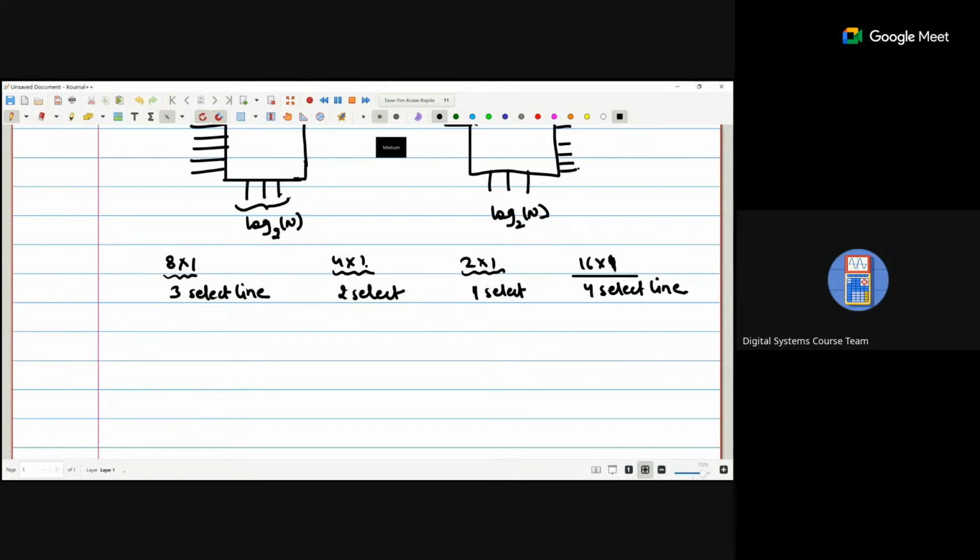Similarly, the demux is just opposite to this one. If we have a 1 cross 8, it is 3 select lines. If we take 1 cross 4, we have 2 select lines. So the process is just opposite.